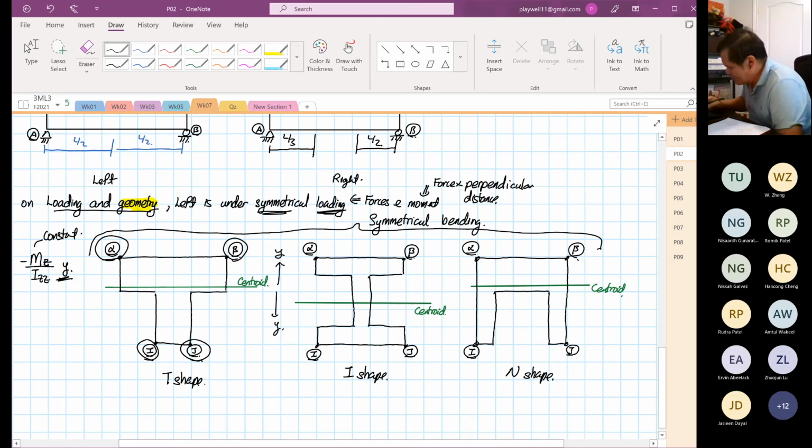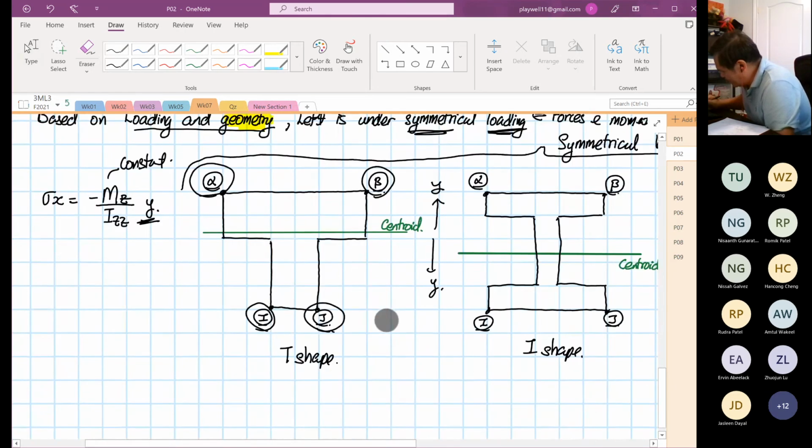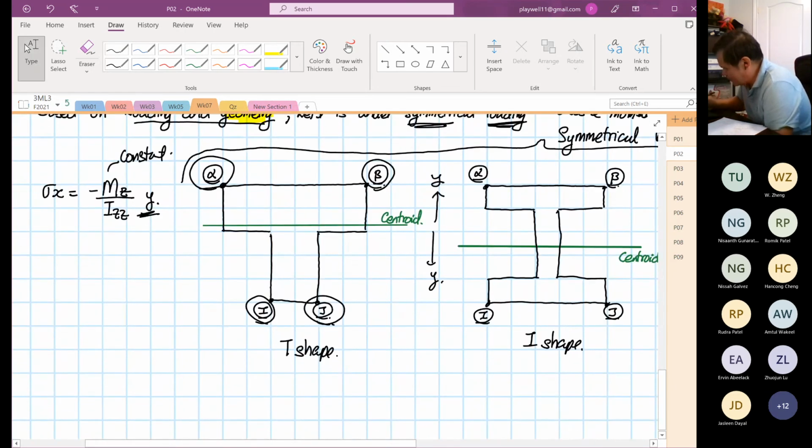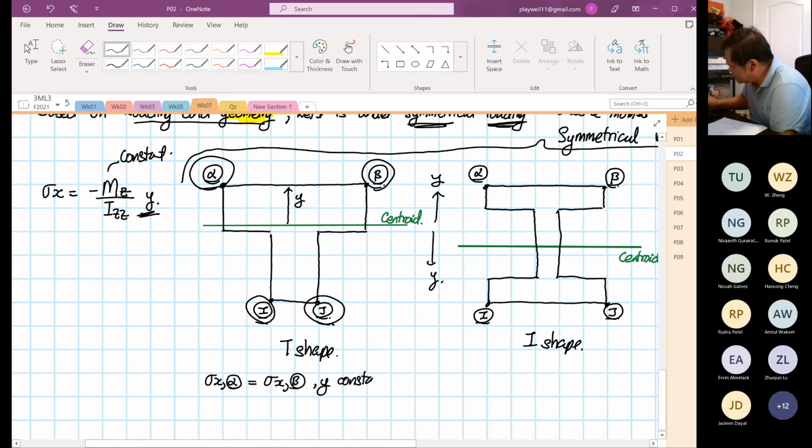Why is that? Let's focus on the T. On the T, this y distance is the same for alpha and beta, yes or no? So stress X alpha is equal to stress X beta, because the y is a constant. Left and right are the same.